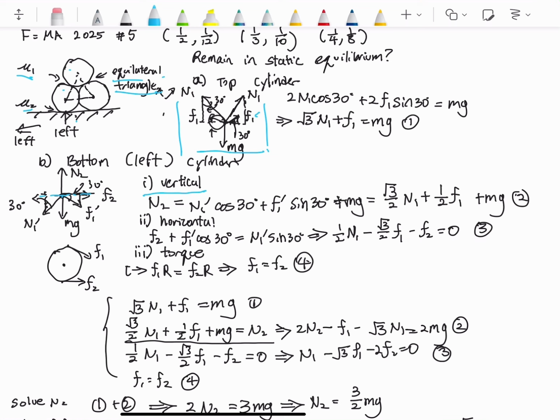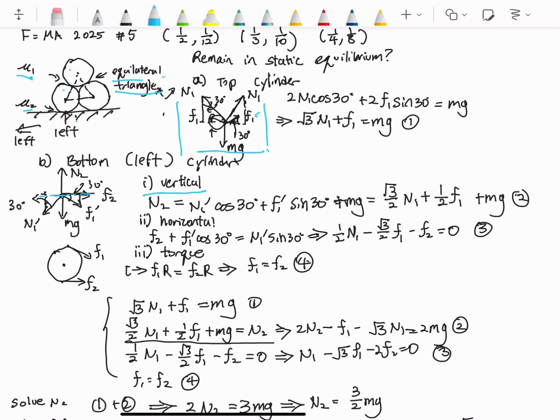And finally, if we look at the torque exerted on the bottom cylinder, because the normal force goes through the pivot and the weight acts on the center of mass of the cylinder, they don't exert a torque on the object.